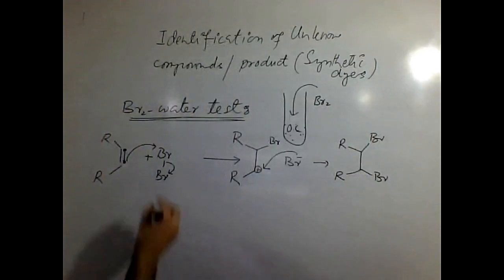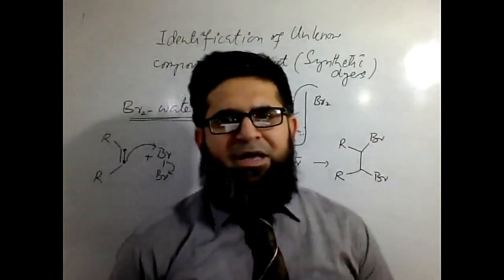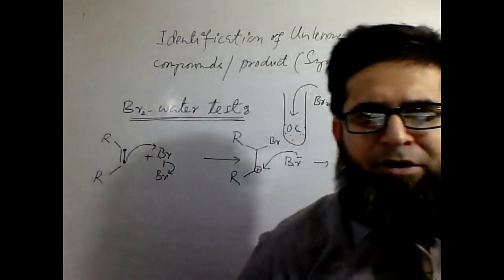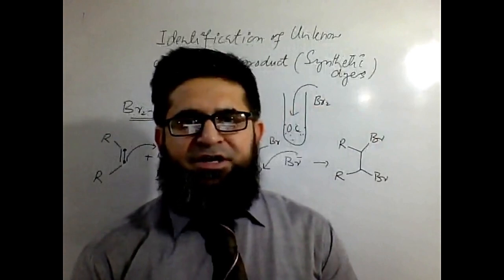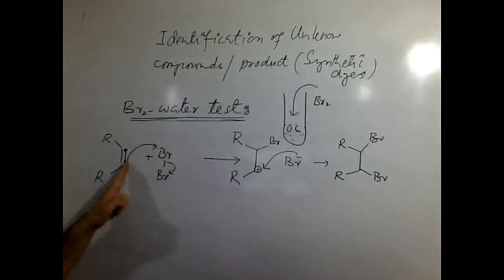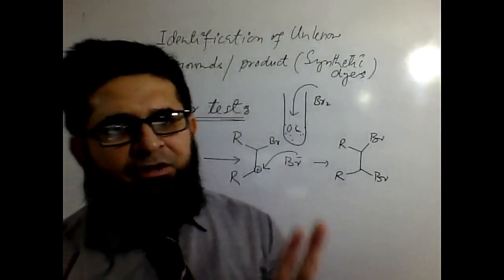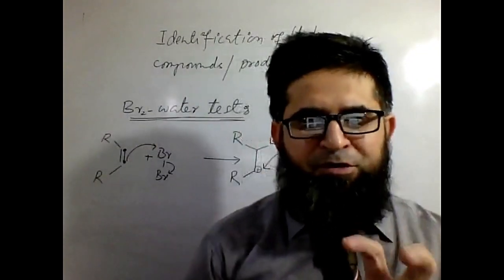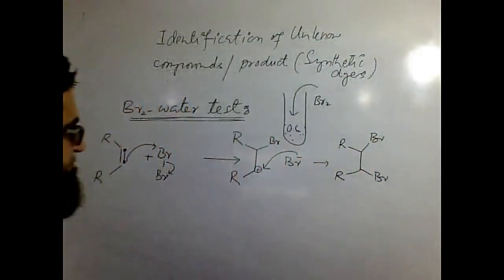Bromine got added on the alkene. The alkene has undergone an addition reaction. The same could have happened when the molecule contains a triple bond. So bromine can undergo addition reaction.